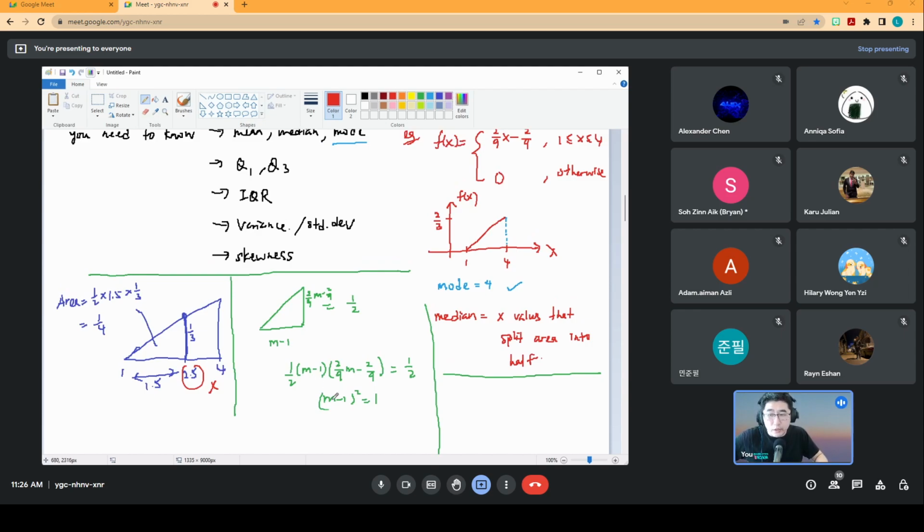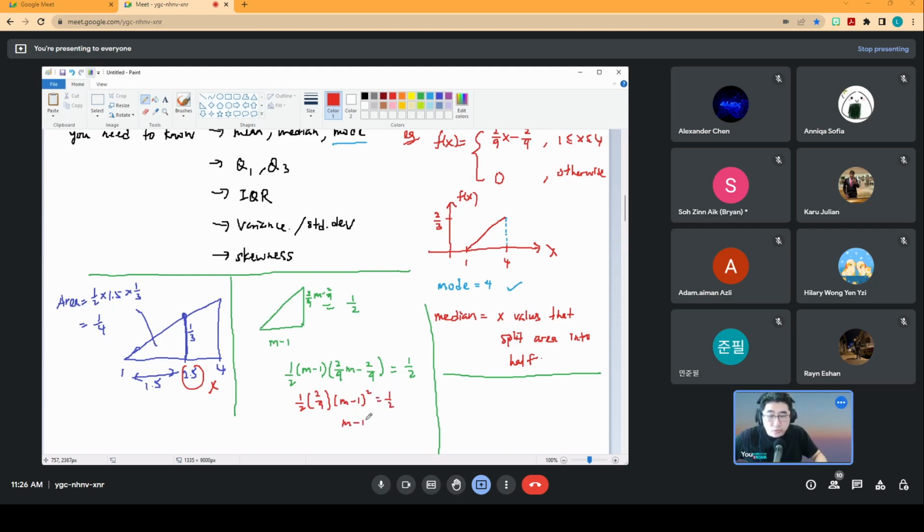1/2 times base times height. Height is 2/9 m minus 2/9. Oh, sorry, my mistake. So I have 1/2, 2/9, then m minus 1 squared equals 1/2.